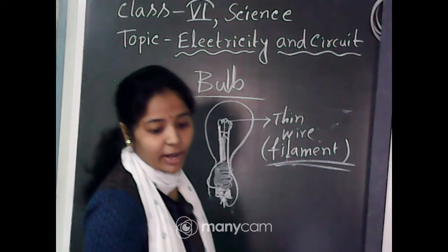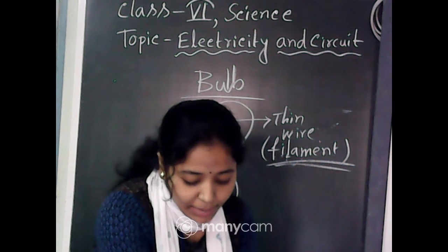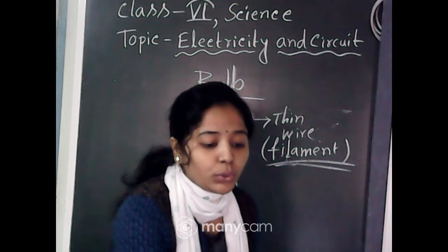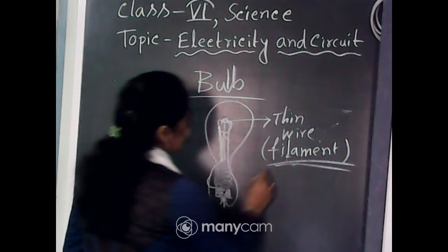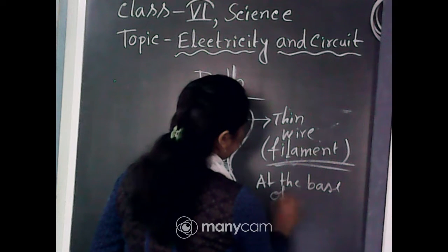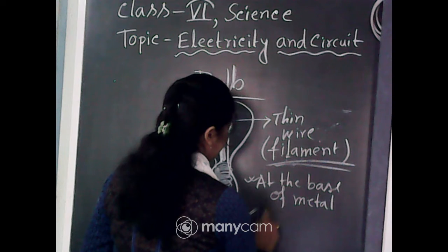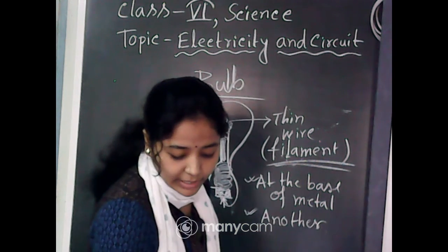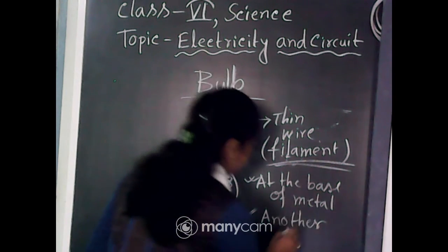Okay, understood this point everyone? So we have seen that these filaments are connected with the two terminals. A bulb has two terminals, one at the base of metal, and another situated at the metal tip at the center of the base.